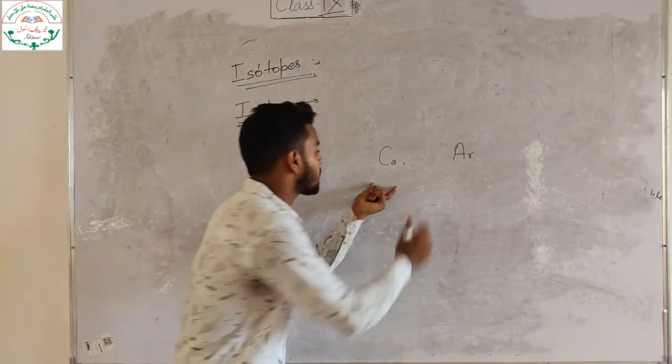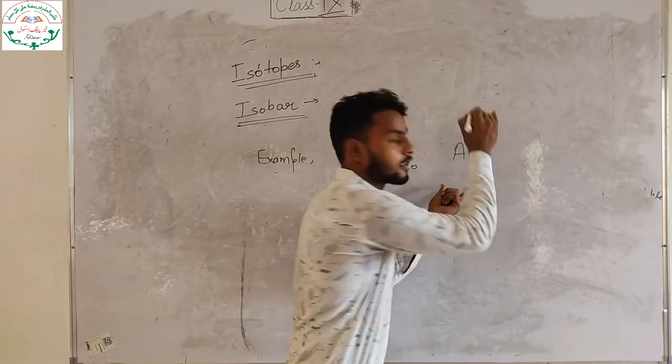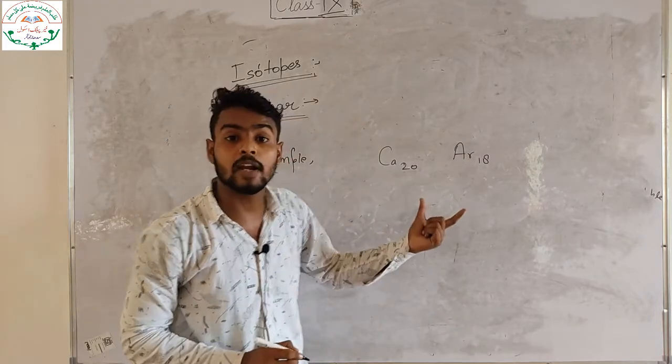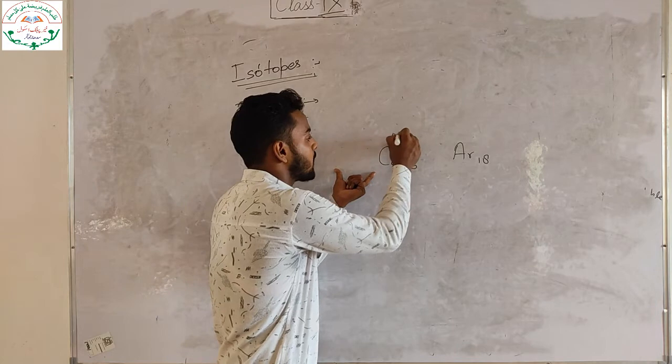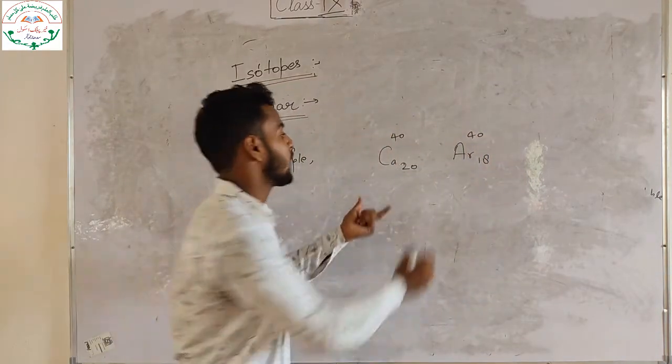The atomic number of calcium is 20 and the atomic number of argon is 18. But the atomic mass of both elements is the same: calcium's atomic mass is 40 and argon's atomic mass is also 40 unified mass.